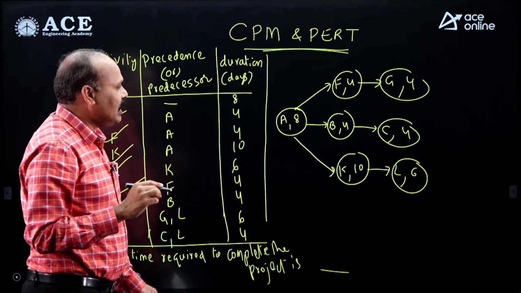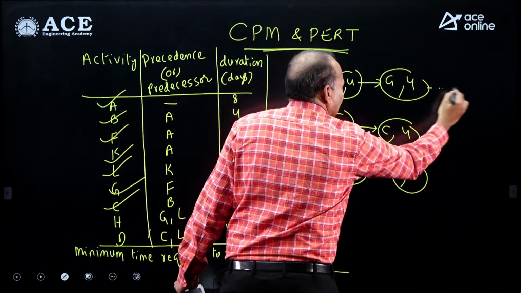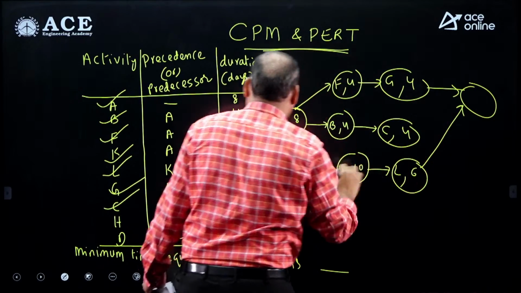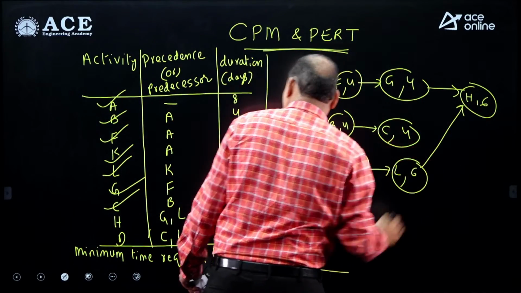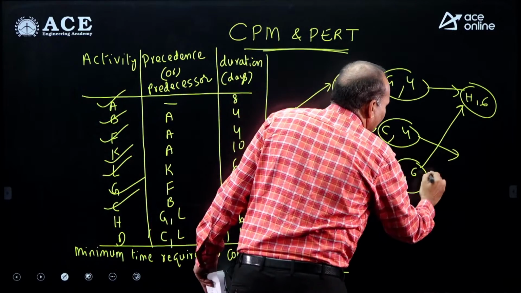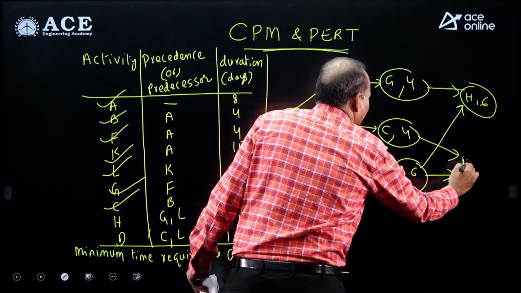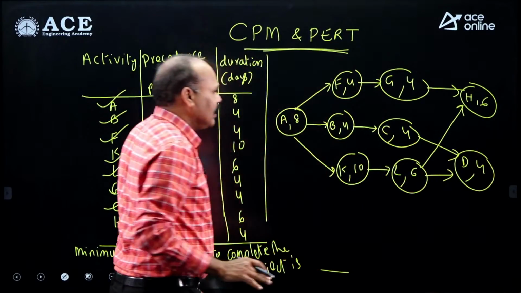H after G, L. Here no issue because we are using the AON diagram, so crossing is also allowed. Directly we can take H, duration 6. D after C, L. Both C and L give activity D. The duration of D is 4. Once you complete the diagram, just check it out.